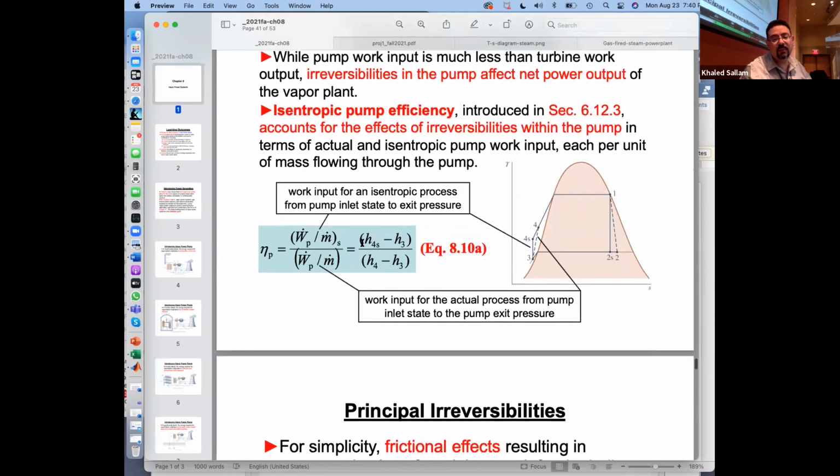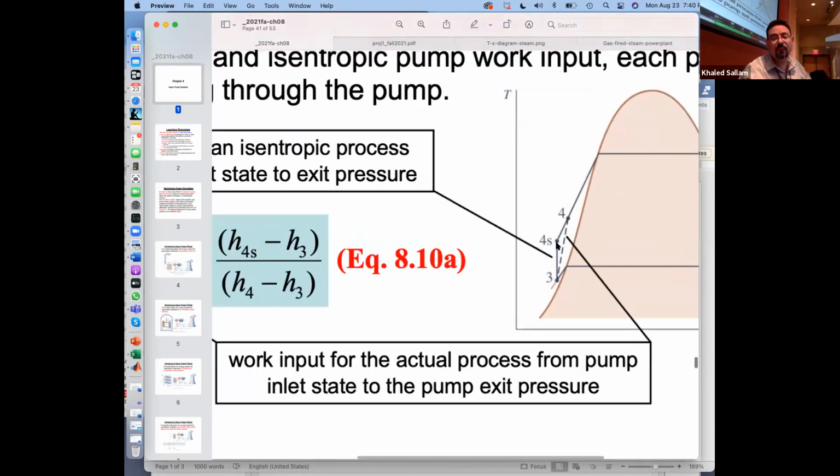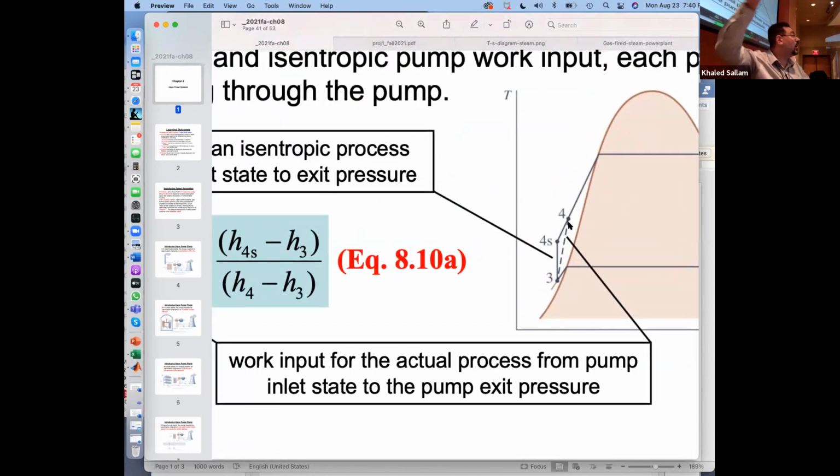And the same thing for the pump, of course, except that because the second law always says go to the right, 4S is here, but 4 is to the right. So now the actual work is bigger than the ideal work.